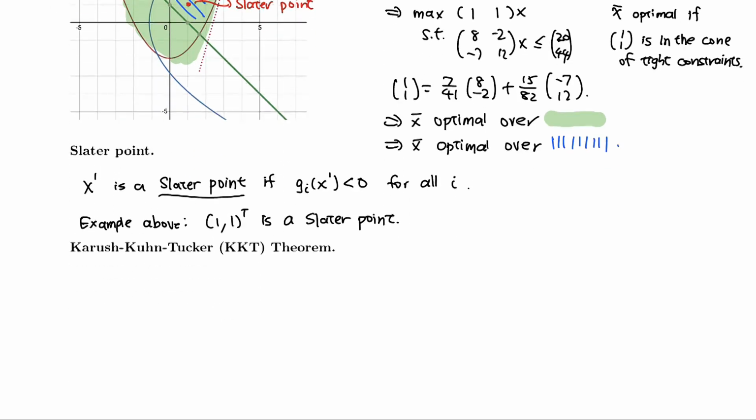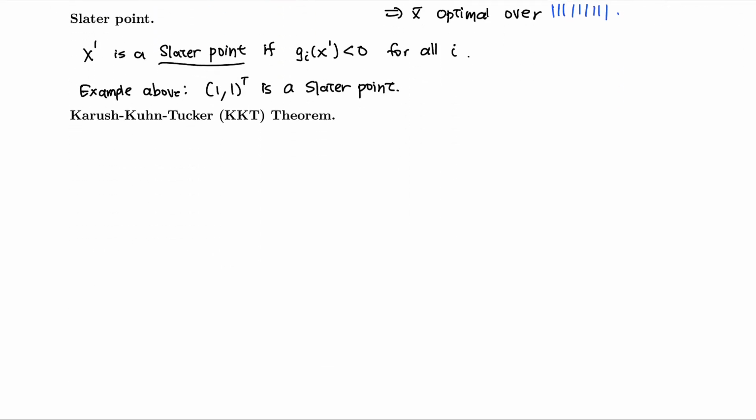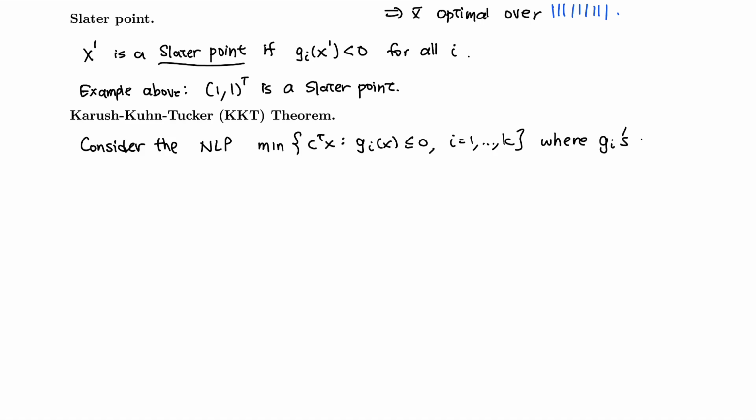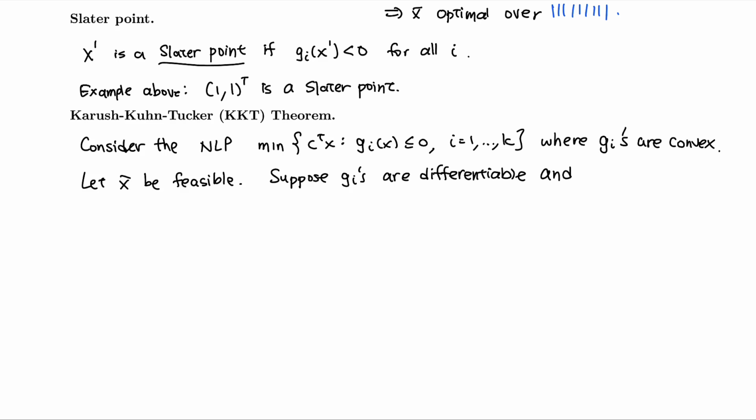So the KKT theorem is as follows. Consider the NLP that is minimizing c transpose x subject to gi of x less than or equal to 0 for all i, where the gi's are convex. We let x bar be a feasible solution. We also suppose that the gi's are differentiable and a Slater point exists.